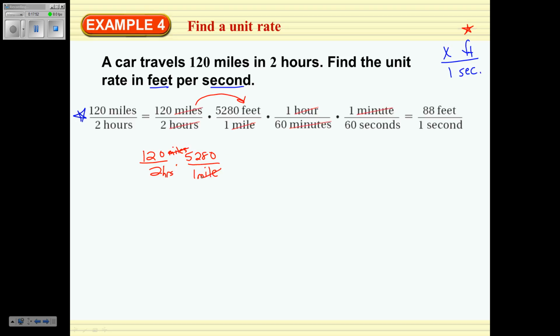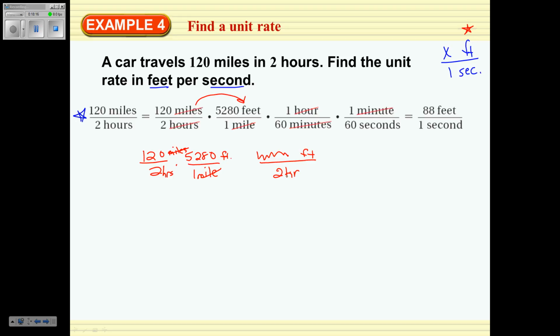Okay? Leaving you with 120 times 5,280. I'm not exactly sure what that is, but it would be your answer in feet over a 2-hour time span. So now you've just changed it into this many, you've driven this many feet in 2 hours. You've just converted from miles to feet.